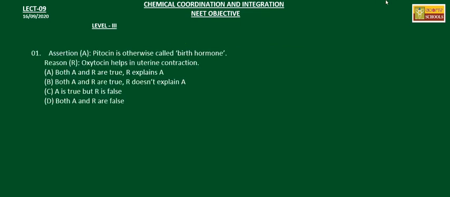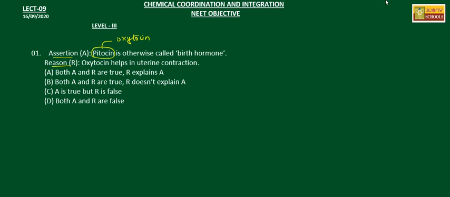Next question we will see from level 3, assertion and reason questions. First one: Pitocin is otherwise called the birth hormone. Pitocin is another name for the hormone oxytocin. We know oxytocin acts on the uterus and helps in childbirth.